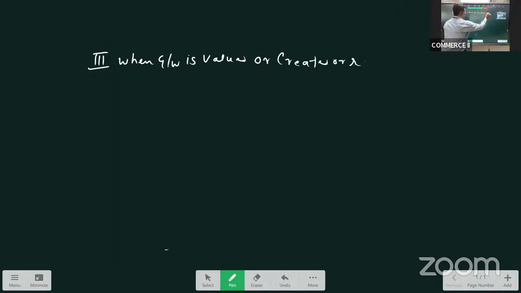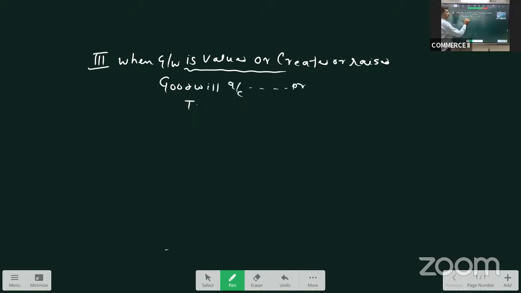Or raised. So here there is no inflow of cash towards goodwill. The new partner will introduce only capital. He will not introduce goodwill in cash. So what is the treatment I told you? The old partners will do the valuation of goodwill and they will credit it to their accounts. So goodwill account debit to old partners capital account.